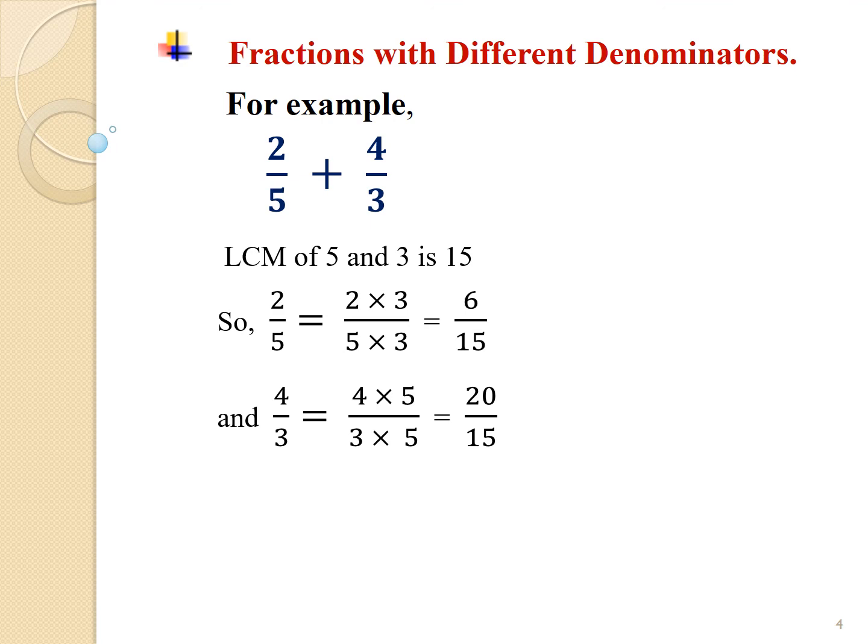So, 2 upon 5 plus 4 upon 3 equals 6 upon 15 plus 20 upon 15. Now, adding numerators 6 and 20 and keeping denominator 15 same, we get 26 upon 15.